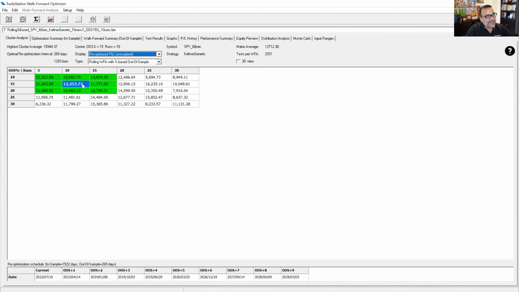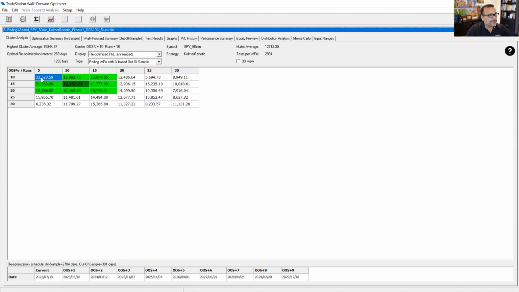You can see that the center of our cluster is not the highest net profit. In fact, the highest net profit is right here. This one right here. We split up the data into 5 runs using 10% of out of sample data. But the center of the cluster is the one that's usually selected as the best run.